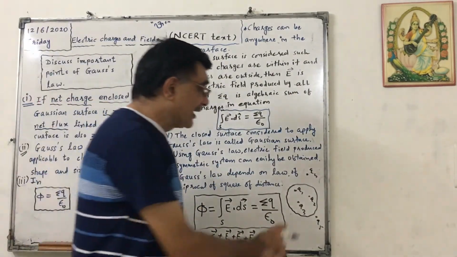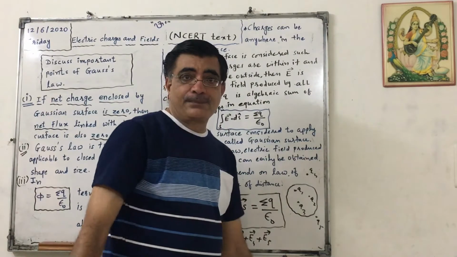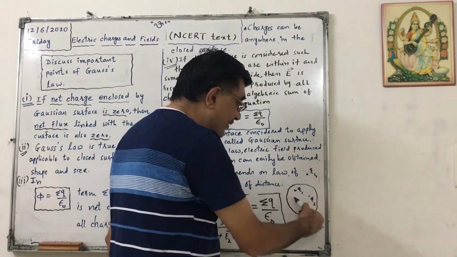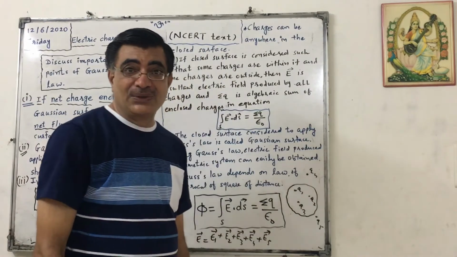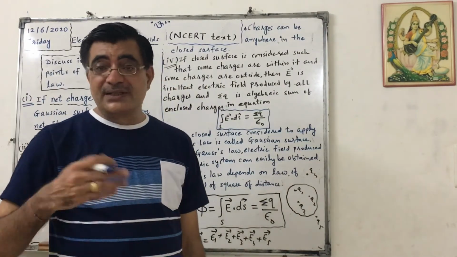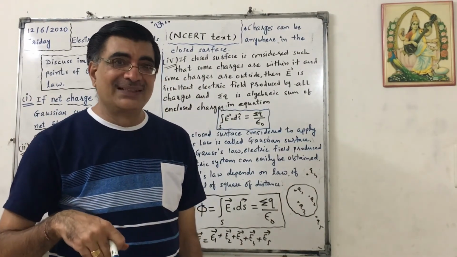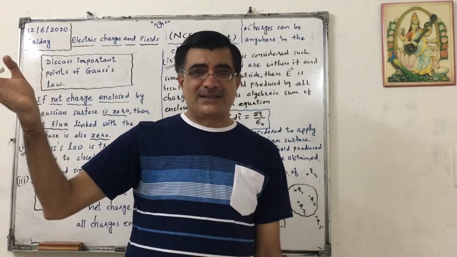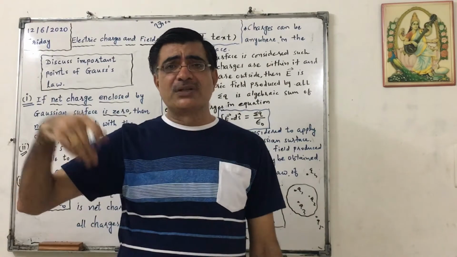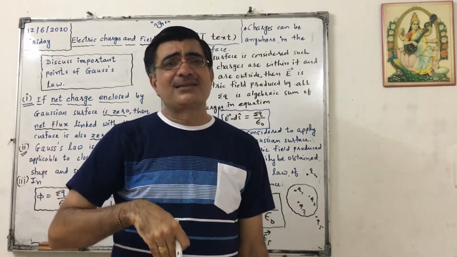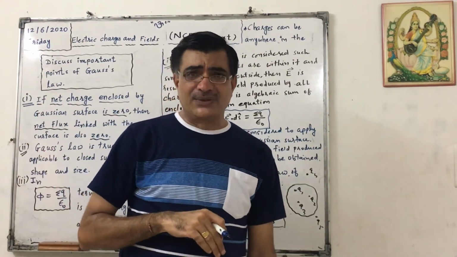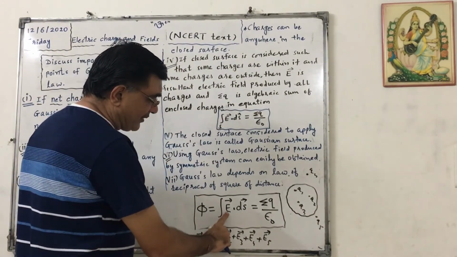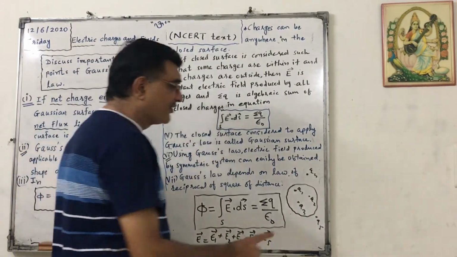We have to consider outside charges also, because they also produce electric field, and that can enter this surface, like sounds outside this room can enter this room. The sounds are produced by outside objects. They are not enclosed by this room, but their sounds can enter this room, like that. So when we calculate vector E, we have to consider all the charges.